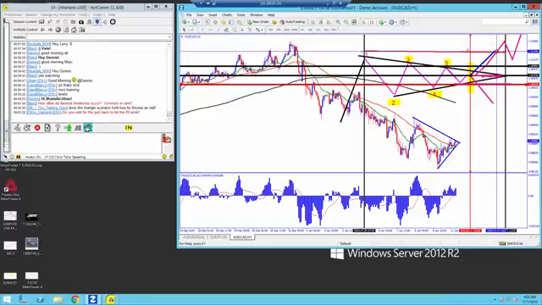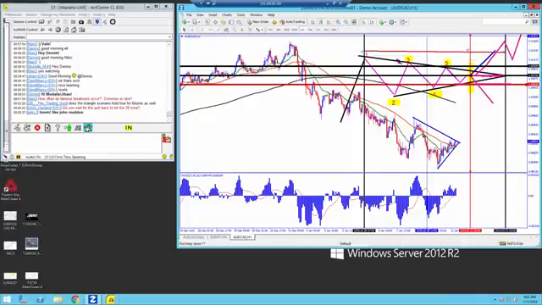Yes, for any market. This is any market. So what you're doing is, if in fact you don't want to buy the breakout, you let it break out, and that first pullback is your buy, and your stop is, of course, right at the middle of the triangle.